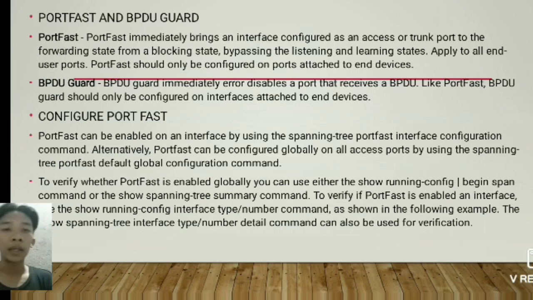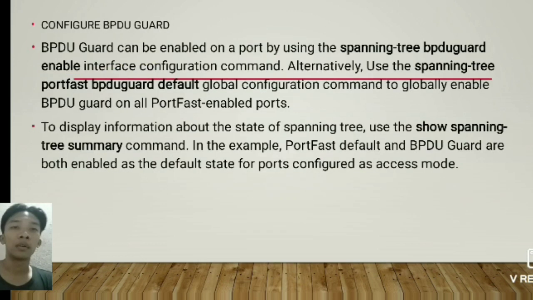To verify whether PortFast is enabled globally, you can use either the show running-config | begin span command or the show spanning-tree summary command. To verify if PortFast is enabled on an interface, use the show running-config interface type/number command as shown in the following example. The show spanning-tree interface type/number detail command can also be used for this verification.